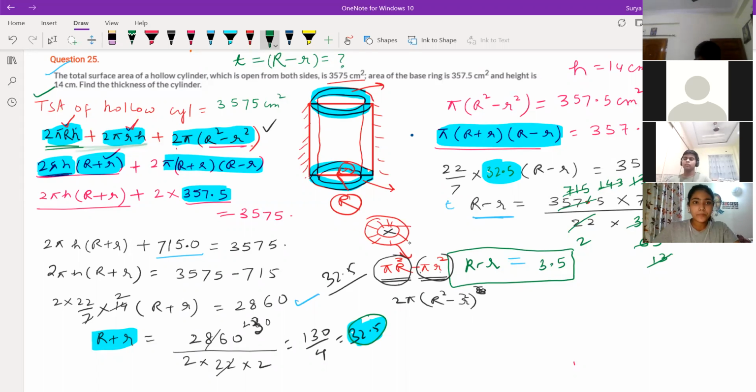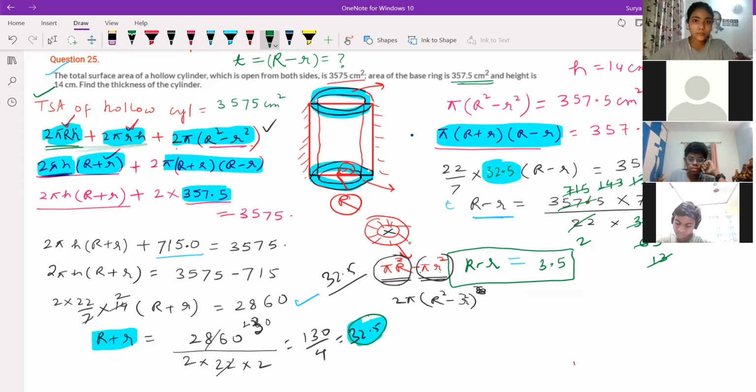Very good. So next, 2 pi h (R plus r), and here the next part is given that the area of the base is 357.5. Base is nothing but what I spoke right now, pi into R square minus r square. This is your base in yellow color. We can write this as pi into (R plus r) and (R minus r), that is 357.5.